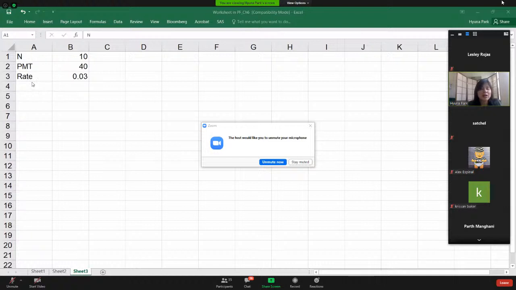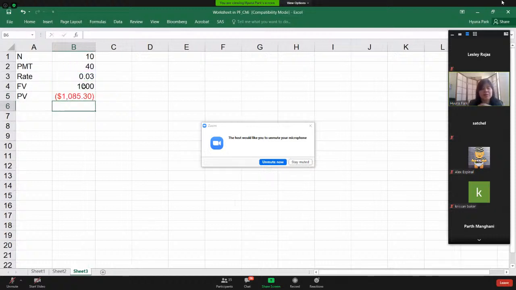So we need more. Future value 1,000. So we need a present value. We use the present value function, and Excel is kindly showing you what to do. So rate 3%, half year rate, and there are 10 semi-annual periods in 5 years, payment 40, and future value 1,000.